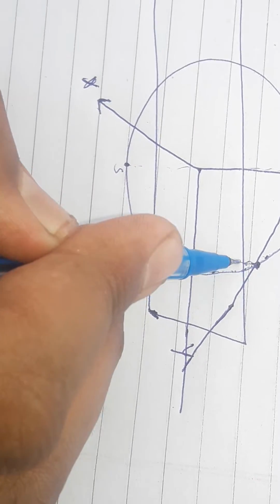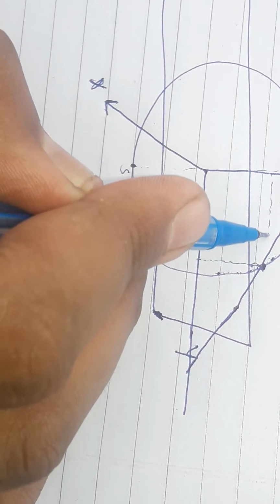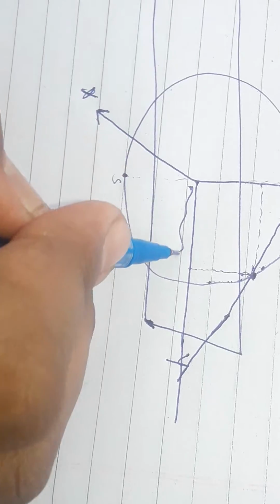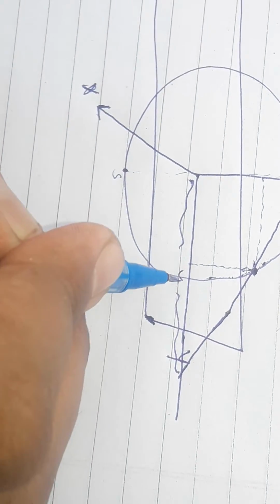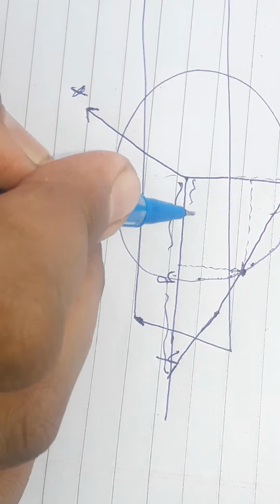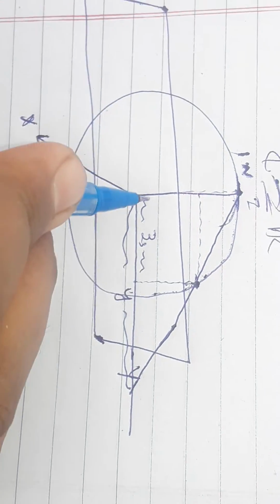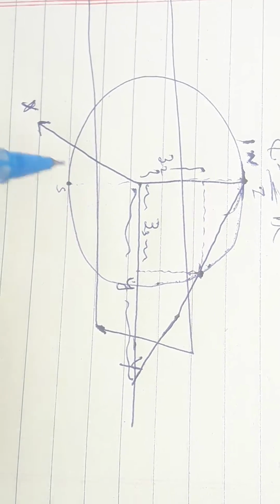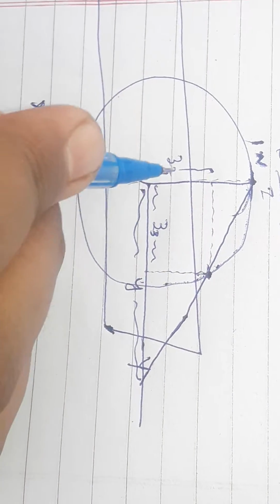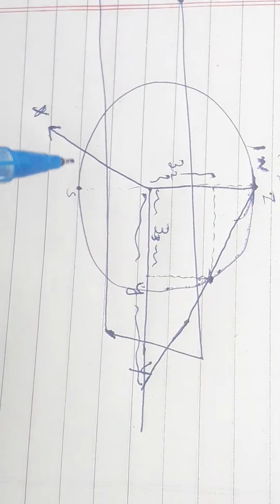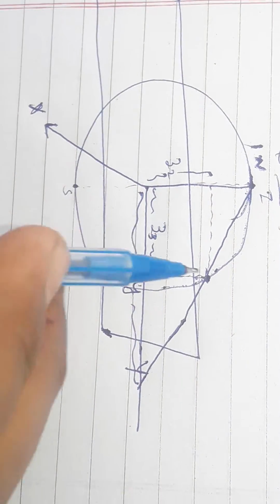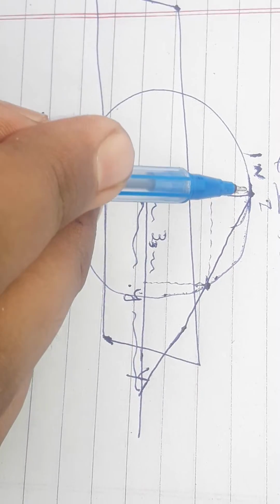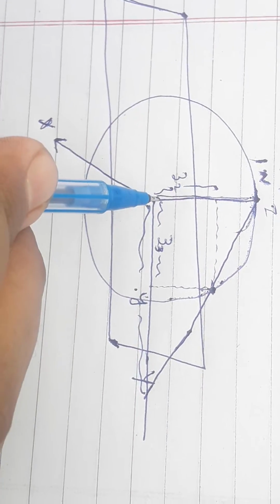Since you know the properties of triangles, this is 1, and this whole length is y, and this is xi3, this one is xi2, and this is 1. By the property of similar triangles, this over this and this over this are equal.